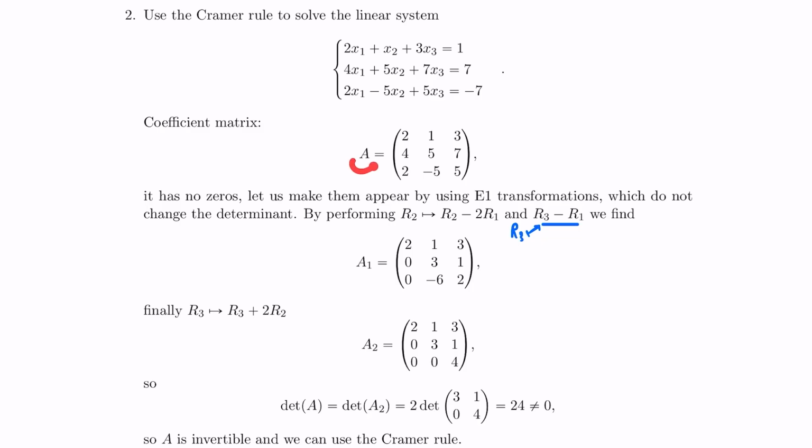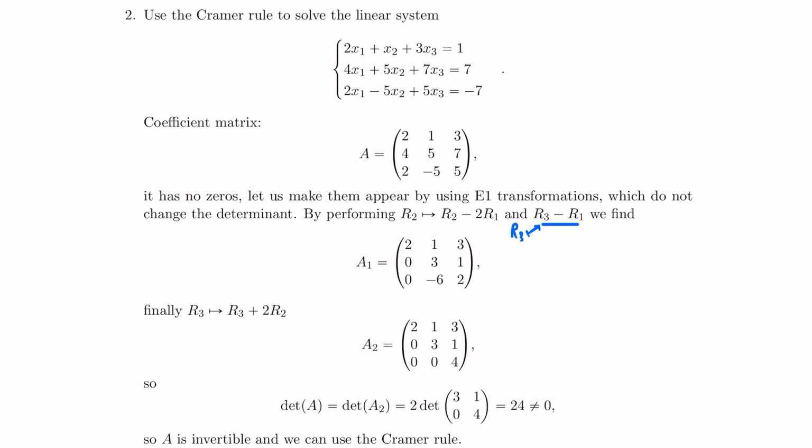Since in order to get from A to A2 we have just applied E1 transformations, the determinant of A is equal to the determinant of A2. So we can, for example, apply the Laplace development along the first column, and what we get is 2 times the determinant of this matrix here, which is very easy to compute, and we obtain 24, which is different from 0, and so the initial system is solvable with a unique solution.